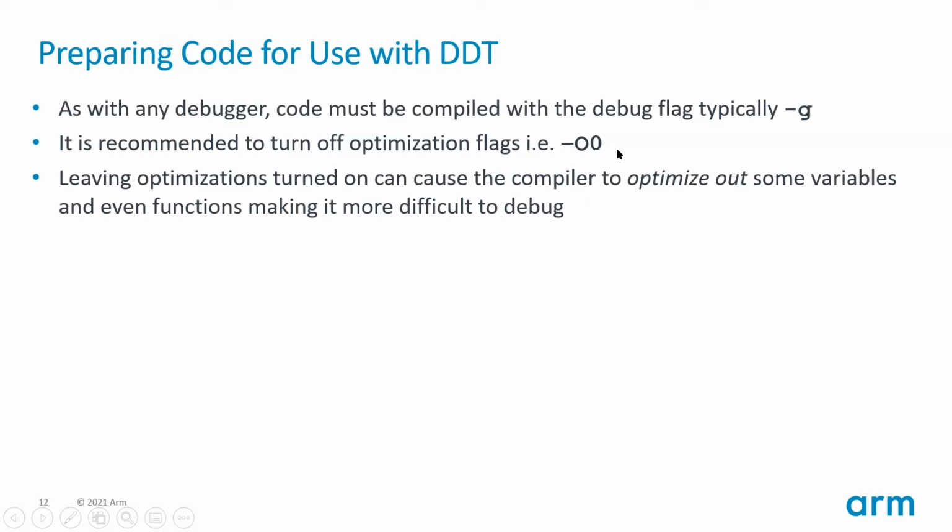If you think there could be a problem, you definitely want to turn off optimization flags, because if you leave them on, the compiler has a tendency to optimize out some variables, and it may be the variable that you're actually looking for to help you figure out what's wrong with your code. This is pretty standard advice if you use a debugger of any sort.